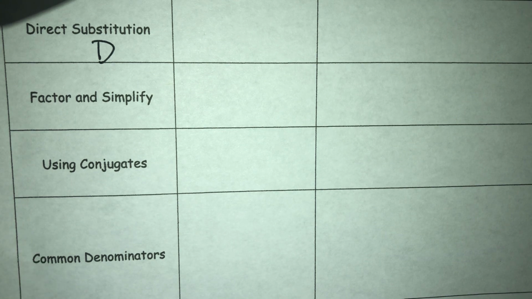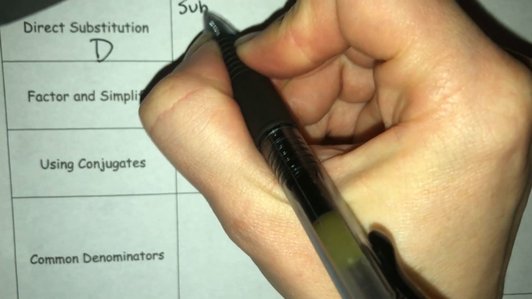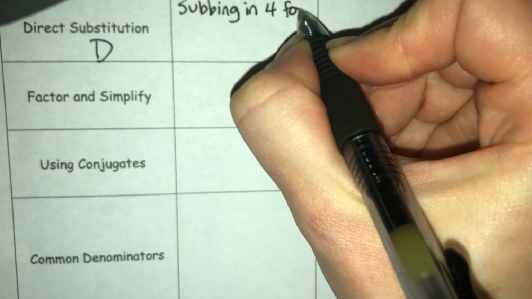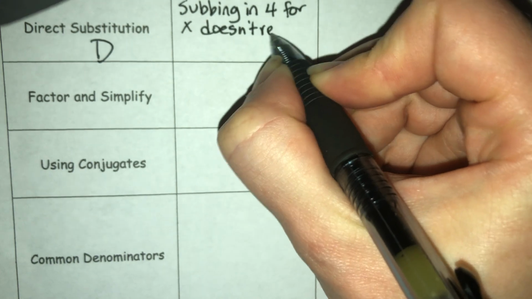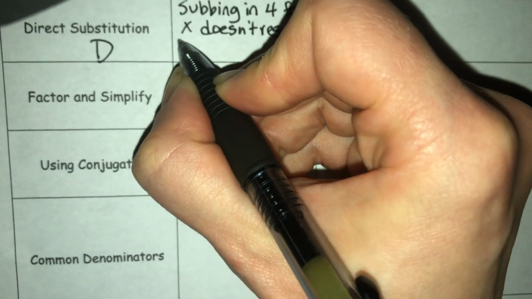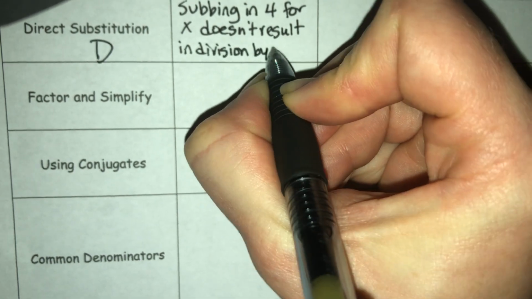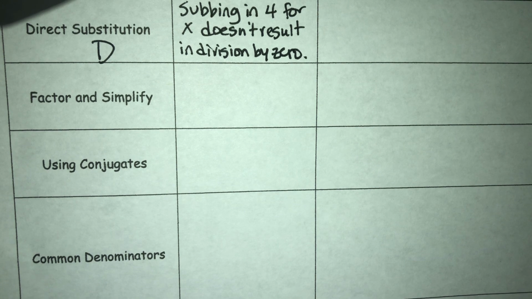Substituting in the number that x is approaching doesn't cause division by 0. Okay. How about factor and simplify? Which one was factor and simplify? Did you get A? I bet you did.